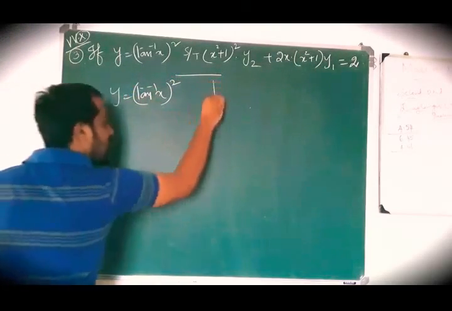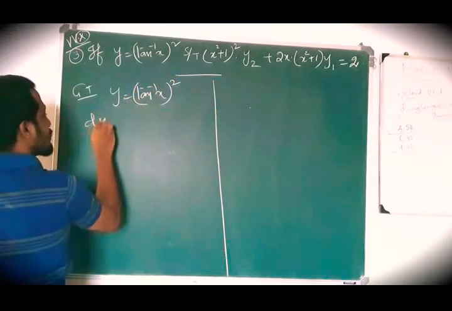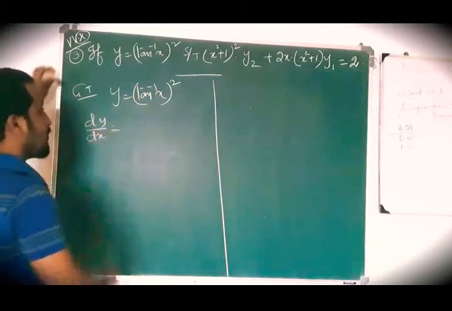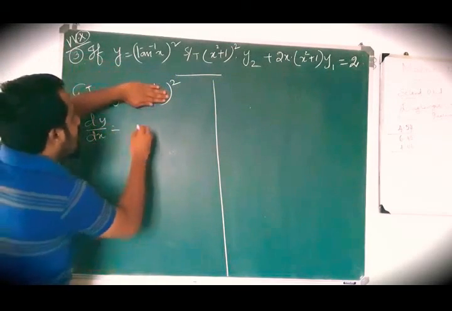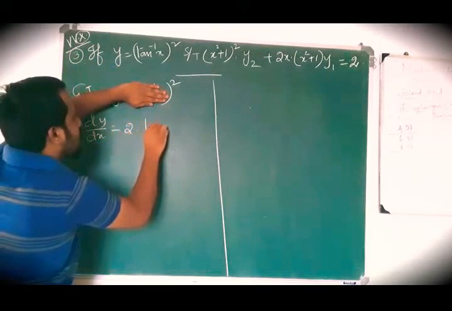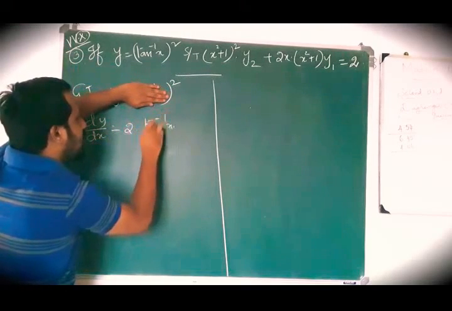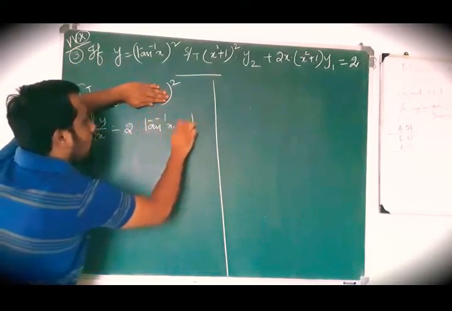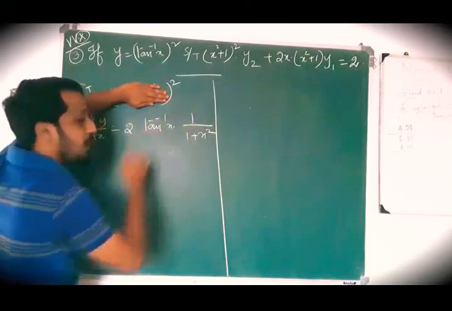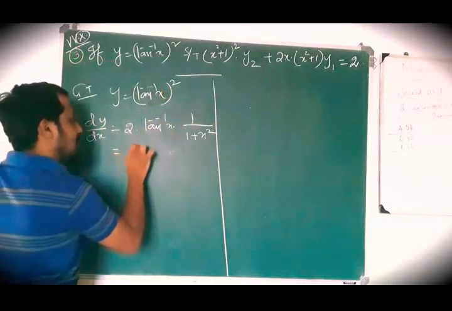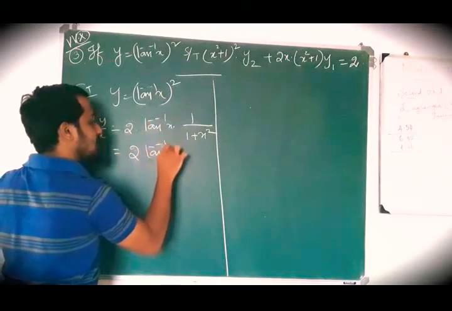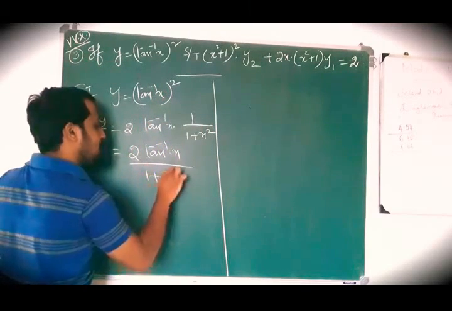So you have to find out dy by dx. So dy by dx is equal to n into x to the power n minus 1 into derivative of tan inverse x, which is 1 by 1 plus x square. Yes or no? This can be written as 2 tan inverse x divided by 1 plus x square.